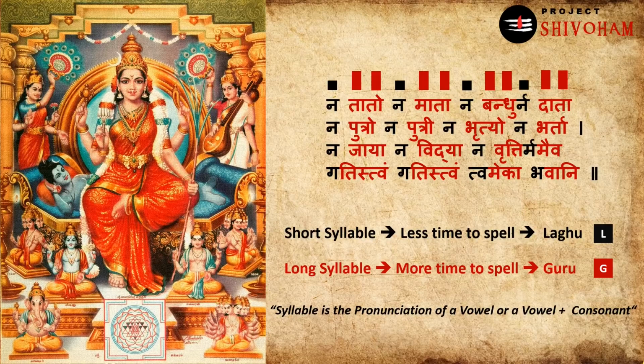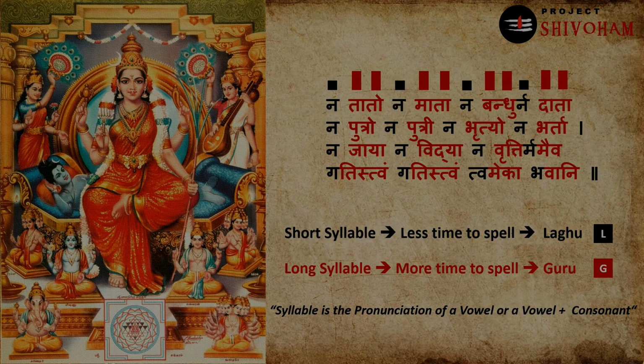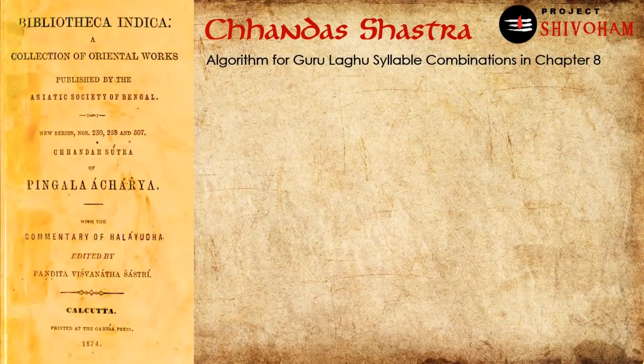The rhyming and beauty of the Sanskritam poem lies in how beautifully we arrange these short syllables and long syllables. Chandas Shastra, written by Pingalacharya, historically dated to be around 200 to 300 BC, gave certain algorithms to derive the way we can arrange these Guru-Laghu combinations in a Sanskritam poem.